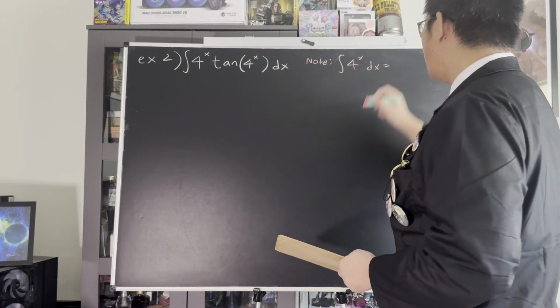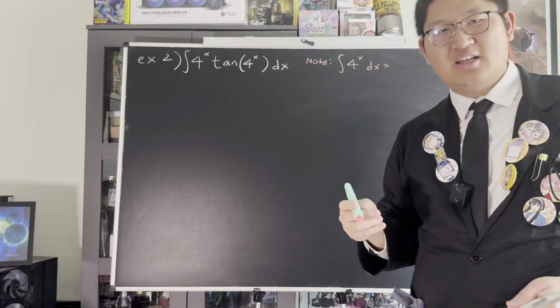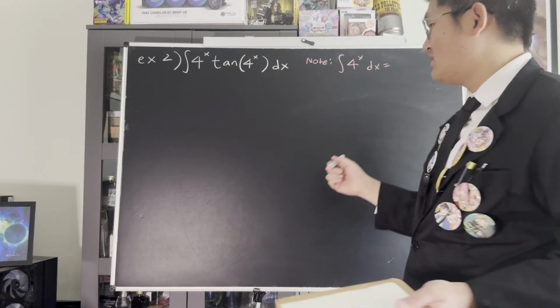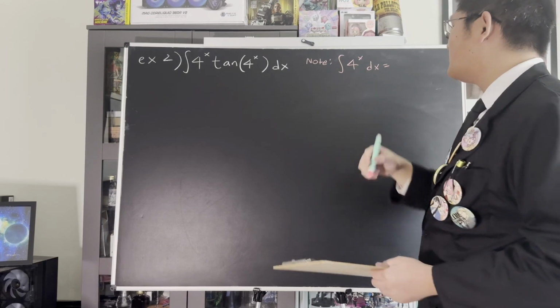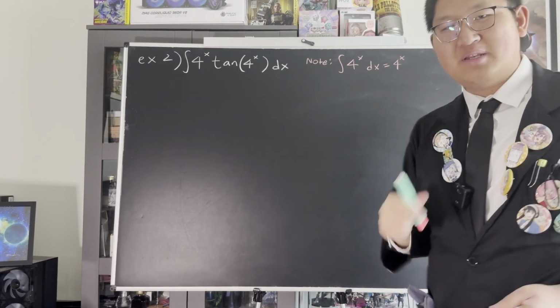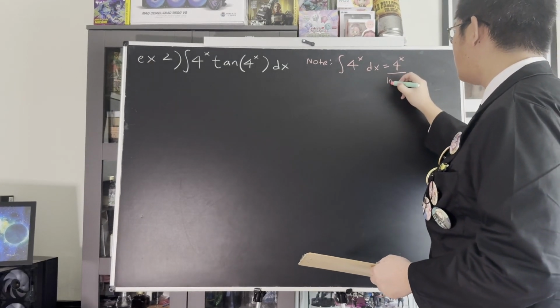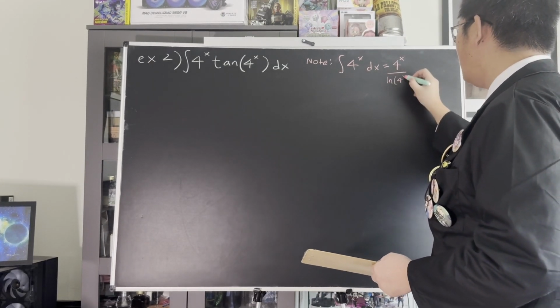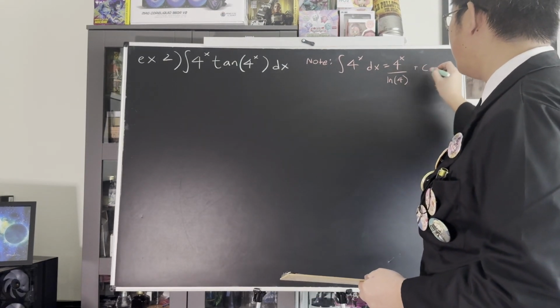So remember that, similar to e raised to the x, remember e is simply just a number as well, just a nice long and irrational number. But nonetheless, that idea still is going to apply, that 4 raised to the x will result from the integral. But now we have something else coming along here, is that we have the natural log of 4 on that denominator coming out. And of course that plus c.